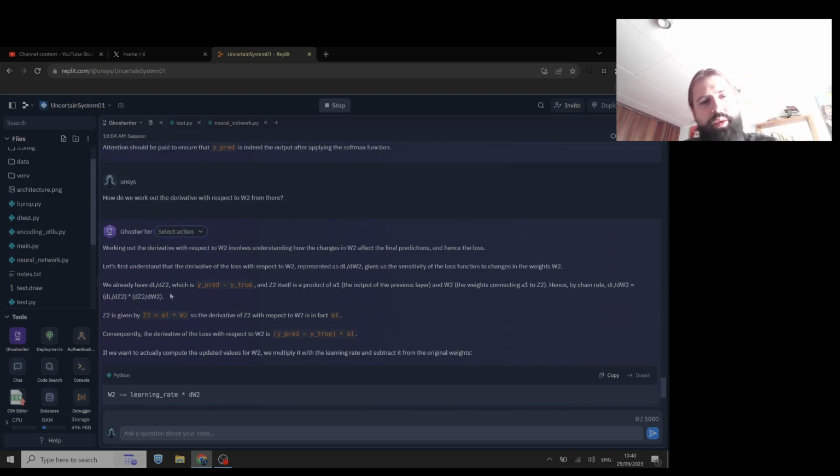So we already have the derivative of the loss with respect to Z2 is simplified to this because of softmax. Okay. What do we mean hence by chain rule? The derivative of the loss with respect to W2.